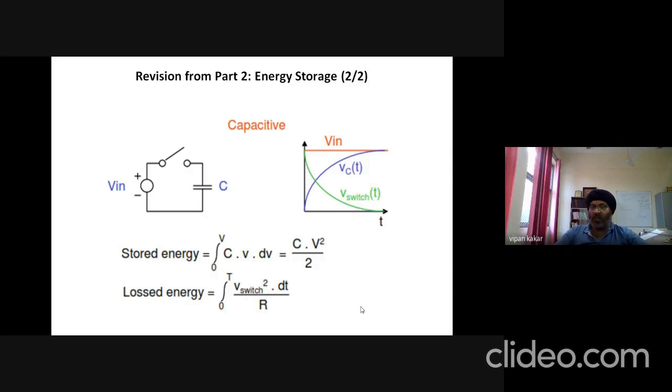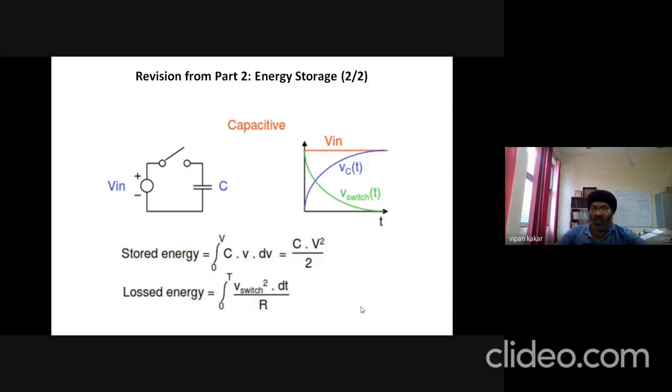because we have seen in the previous slide that if we assume this as an ideal switch, during the on condition, we have 0 voltage, so power is 0, power loss is 0. During the off condition, current is 0 in the switch, so again power loss is 0.